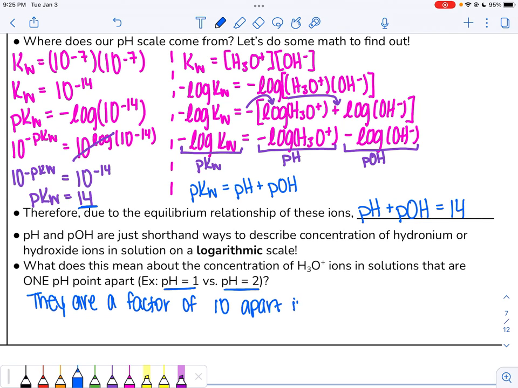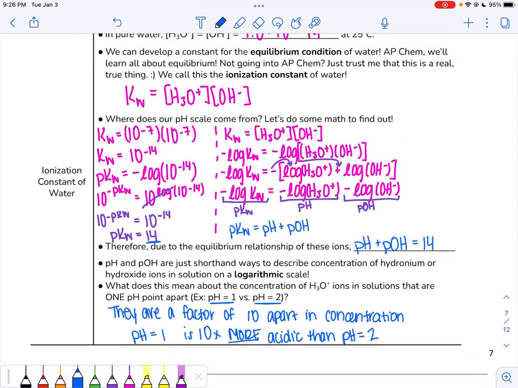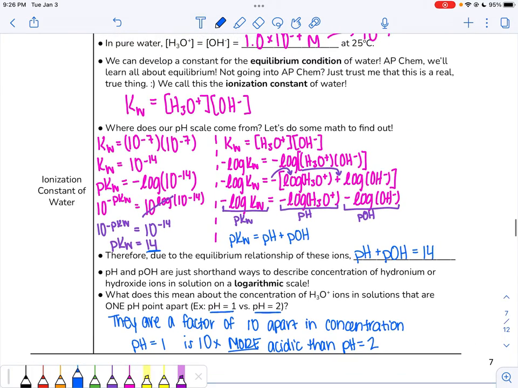So they are a factor of 10 apart in concentration. pH equals 1 is 10 times more acidic than pH 2. The lower you go on the scale, the more acidic. The higher you go on the scale, the more basic.